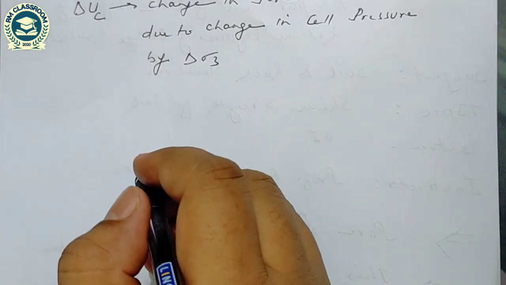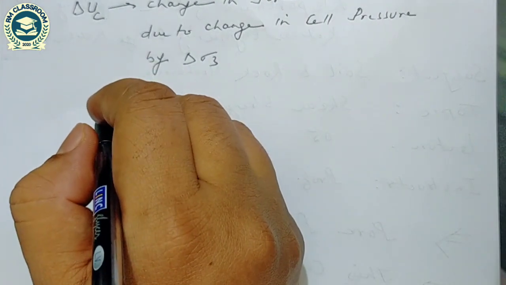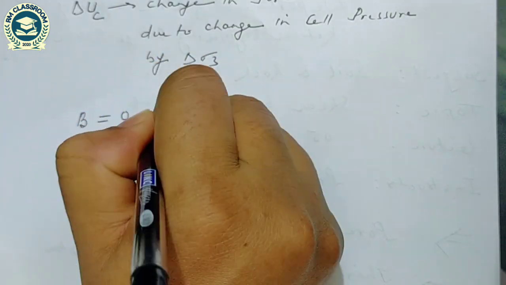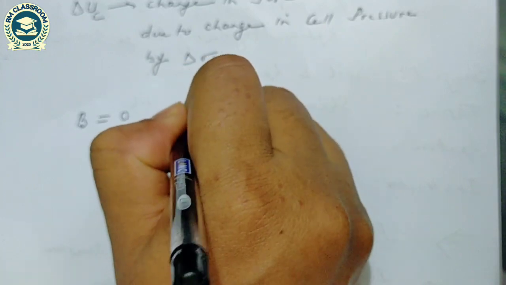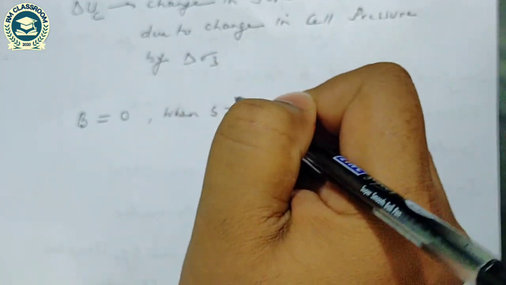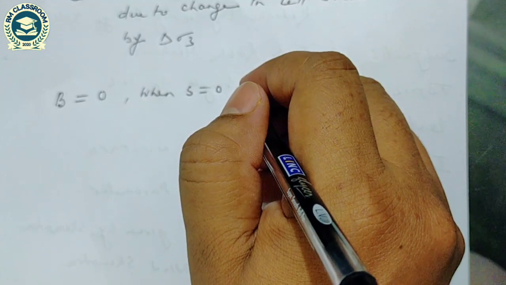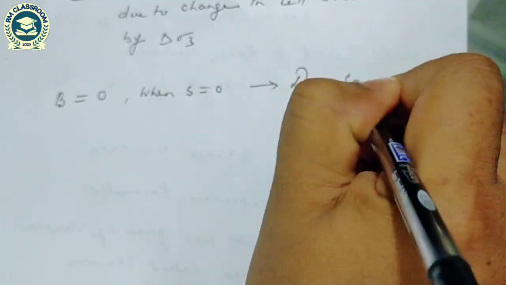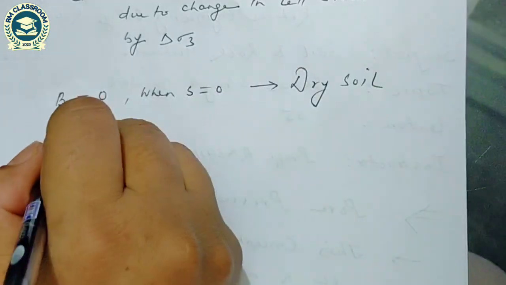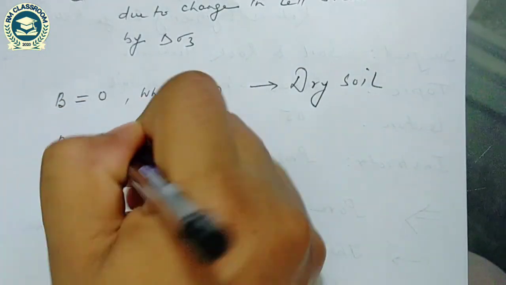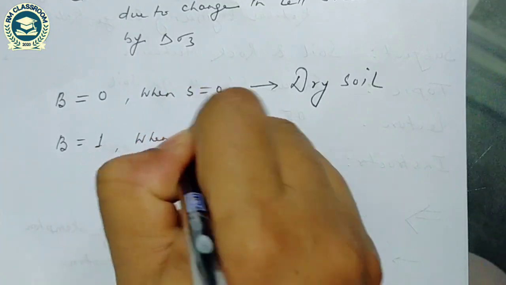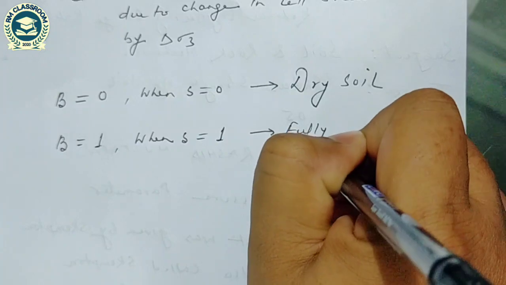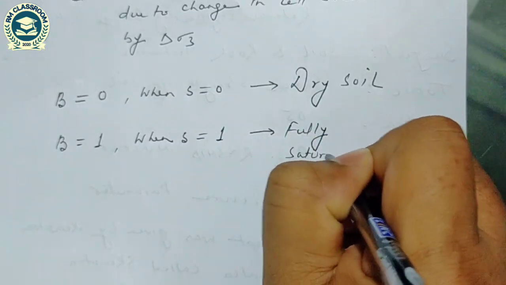This value of the Skempton pore pressure parameter varies with different types of soil. The value of B is equal to 0 when S is equal to 0, that is degree of saturation is 0, and we know that degree of saturation is 0 in case of dry soil. Similarly, B is equal to unity when our soil is fully saturated, when S is equal to 1, fully saturated soil.